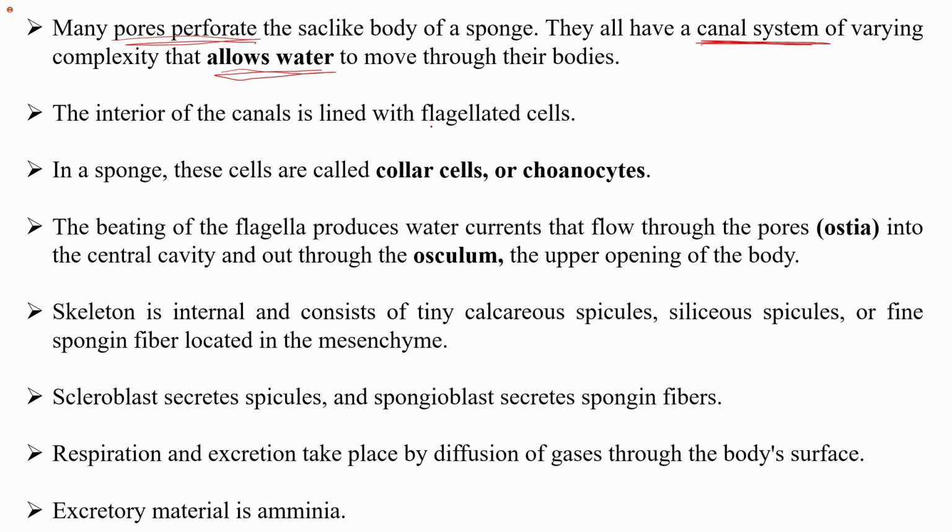The interior of the canal is lined with flagellated cells that also help in filtering, and in a sponge, these cells are called collar cells or choanocytes. Suppose this is a sponge. On the inner lining, we have flagellated cells like this.